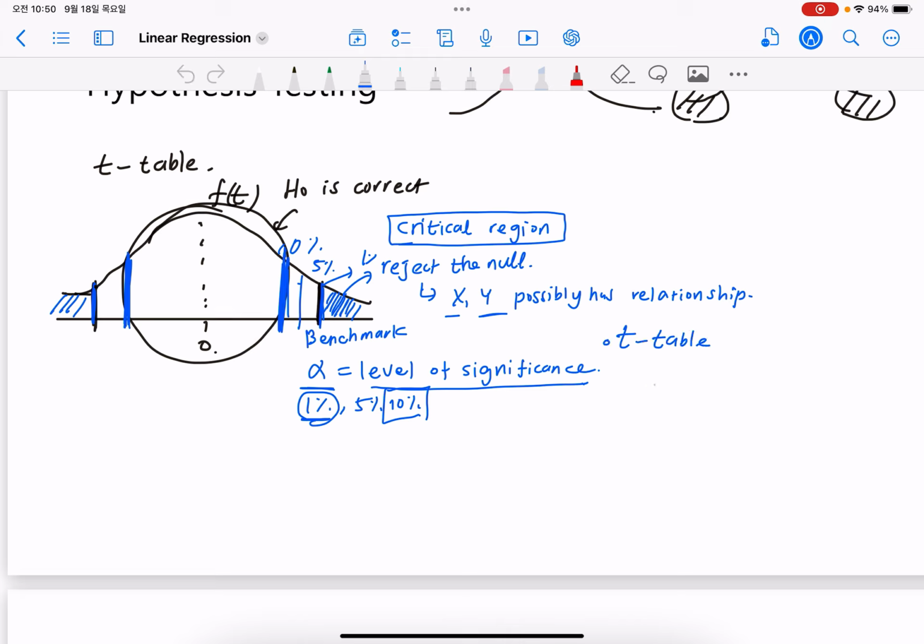Then once you have the level of significance, you may have to look up the T distribution table, where it shows you what the tabulated value of T is at a certain significance level. Okay. So for this one, you need to look up a T table.